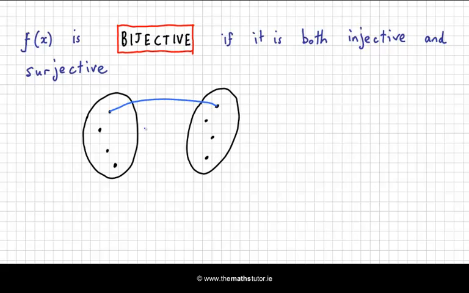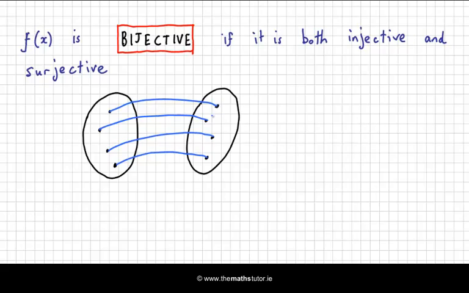And that can be mapped to that, and this to that, this to this, and this to this. Now we don't want to put any more points in our codomain which have nothing mapped to them, because then it would not be onto. And similarly, we don't want two different points mapped onto the same output, because then it would not be one-to-one.